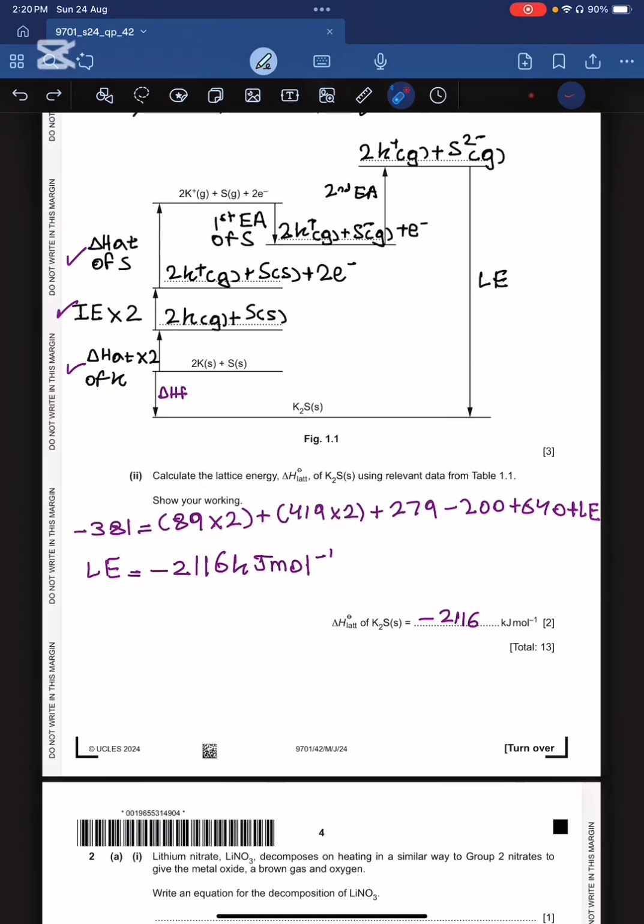At that point, you should have the common sense to say that lattice enthalpy is exothermic, which means that it's negative. So 2116 can never be the answer. So just put a minus sign next to it. Simple. Or in order to avoid all of this confusion, just write plus lattice enthalpy, as if you are adding the entire thing.